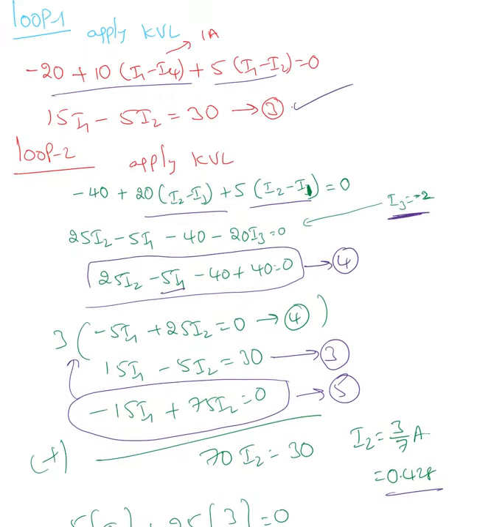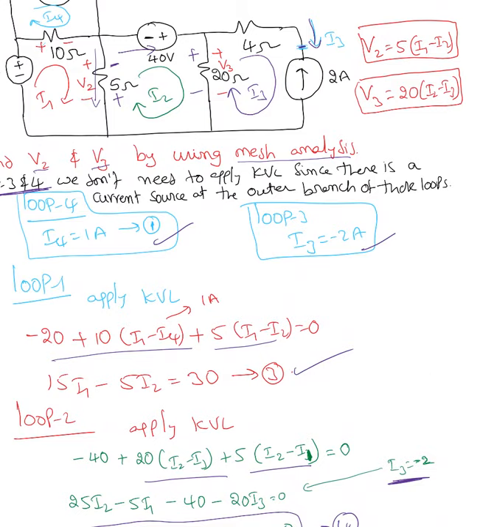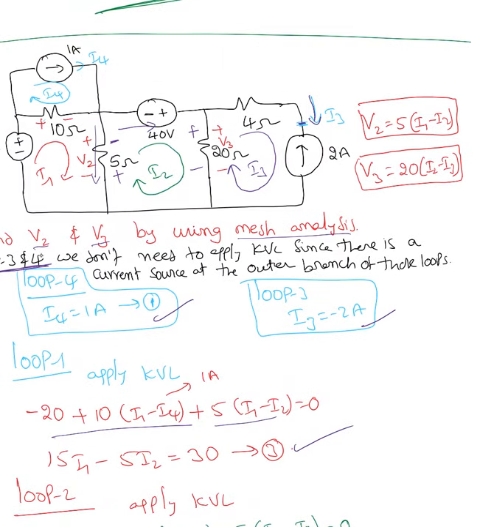Now the goal is finding V2 and V3. So in the given circuit, to find V2 is nothing but voltage drop across 5 ohms. Can I say V2 equal to 5 times (I1 minus I2)? Why not I2 minus I1? Because whenever you say the voltage here V2, that means that's a resistor, so it is consuming energy, so current must go down.